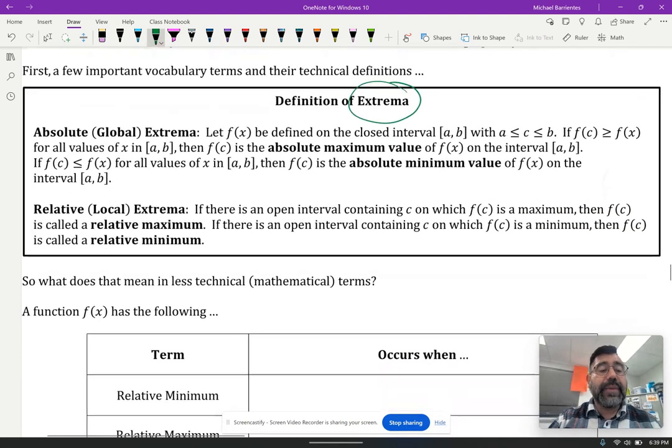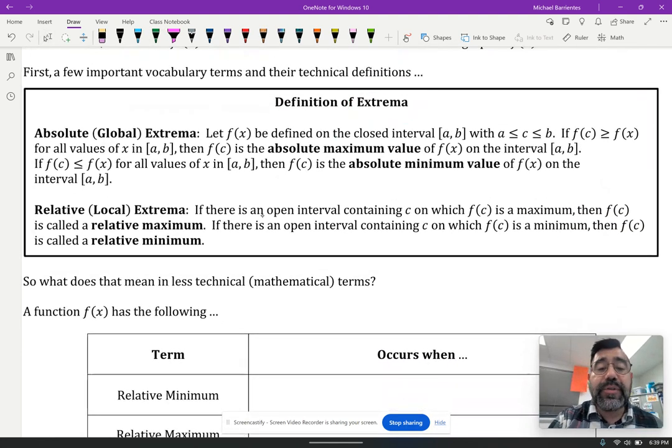When I talk about absolute extrema, or absolute maximums and minimums, which technically the plural would be maxima and minima, or what some people call global extrema, we're talking about values that have to be the highest value of a function.